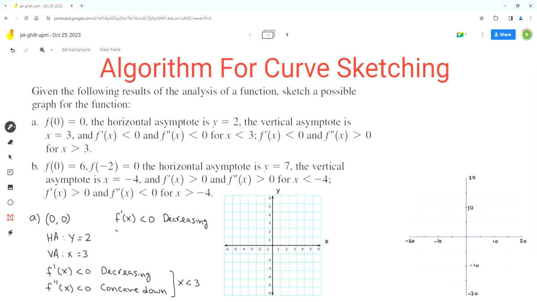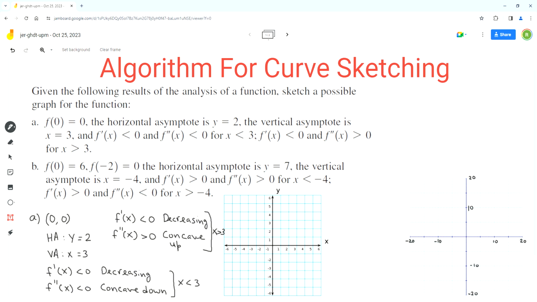And the second derivative is greater than 0. That means the function is concave up. So this is for the interval x greater than 3.